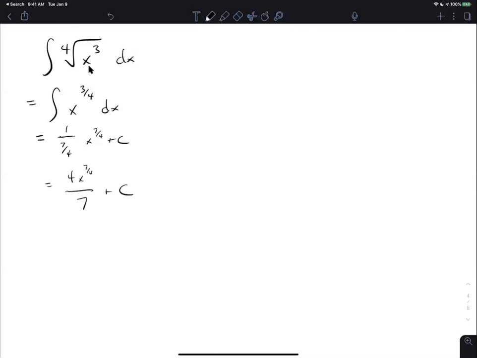Is it good? Okay. Now, the constant multiple rule with the addition and subtraction rule lets you do stuff like this. So if I have adding and subtracting, I can split those up into several integrals. And when I have constants, I can pull those out.